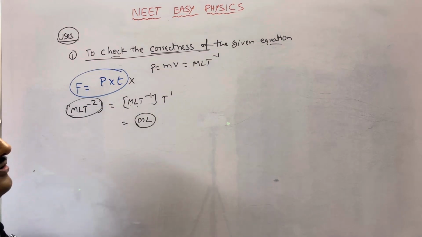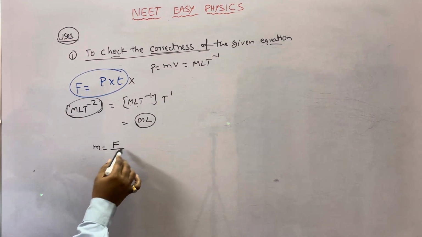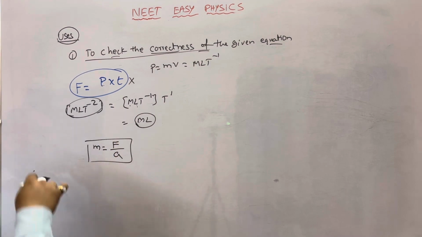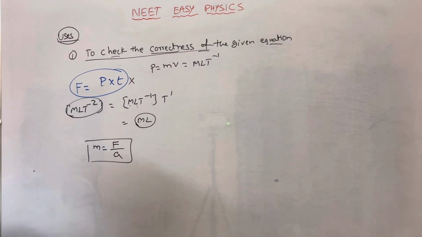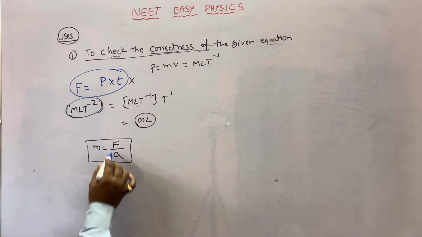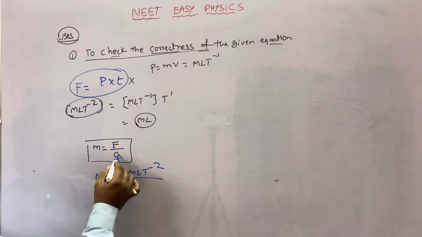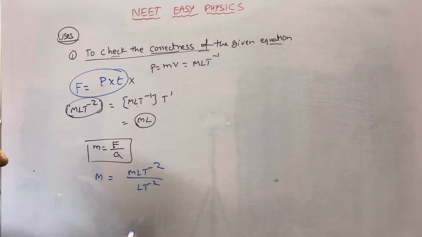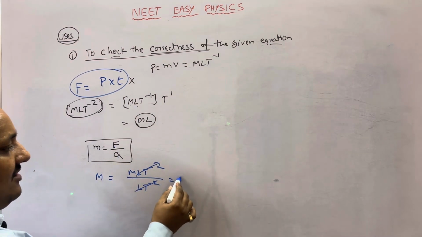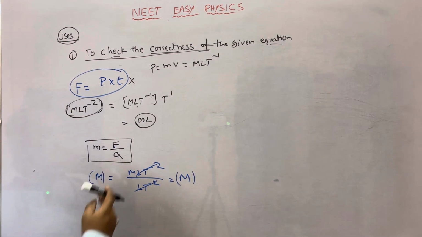So like this we are going to cross check whether the given equation is wrong or correct. So m equal to f by a. With the same equation and a small change, everyone came to know whether this one is correct or wrong. M is mass. RHS, what is force dimension formula? MLT power minus 2. What is acceleration dimension formula? LT power minus 2. Both got cancelled, what did you get? M. So LHS is M, RHS is also M. Therefore, this equation is correct.